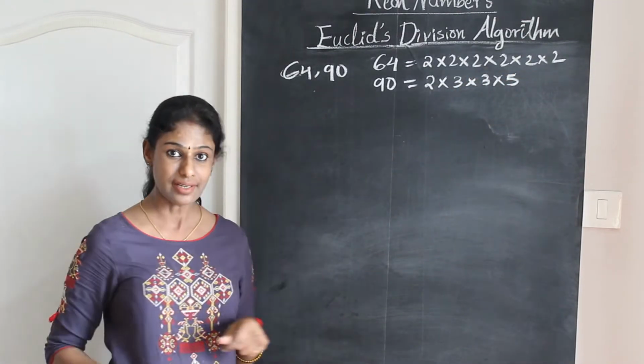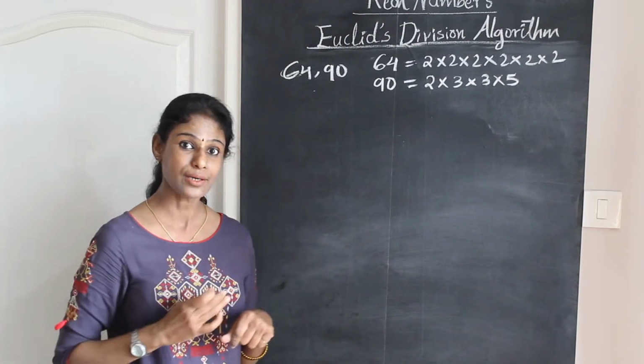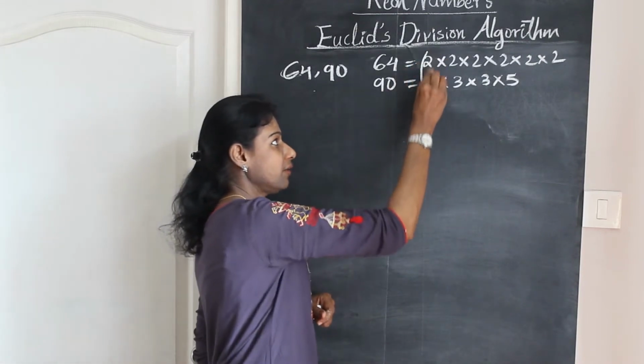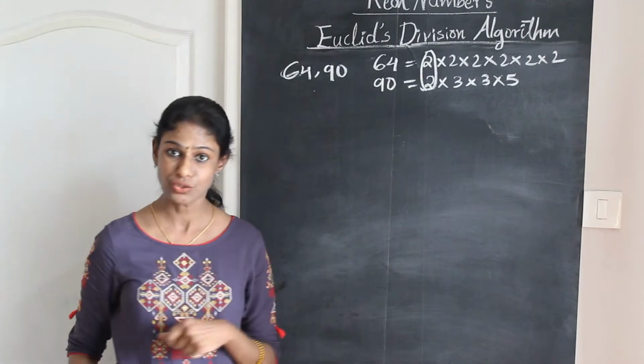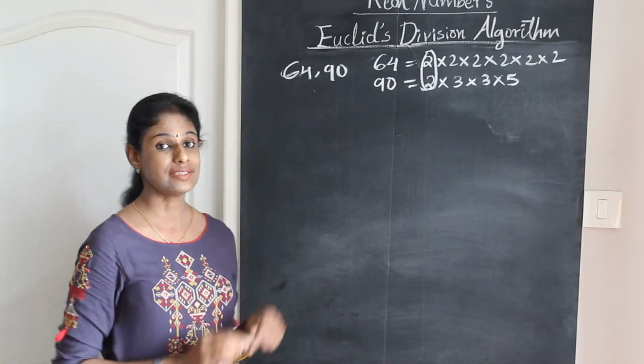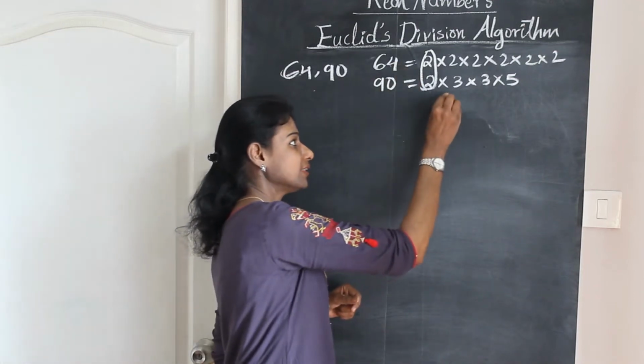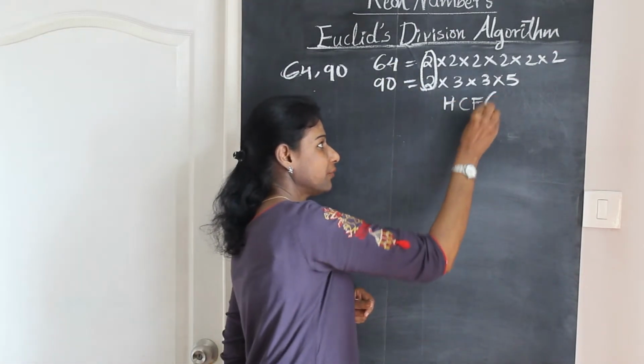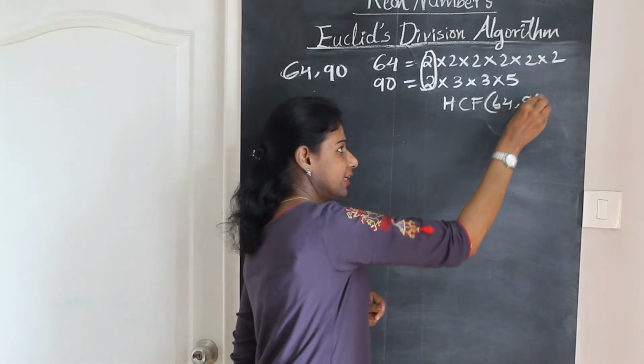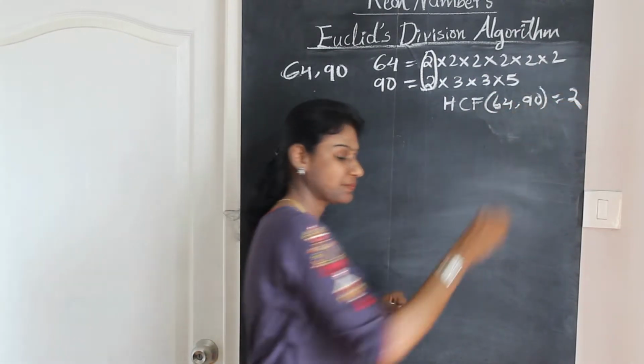So after writing the prime factors, we take the common. So here only one factor is common, which is 2. So that is the HCF of 64 and 90. So we got the HCF of 64 and 90 is equal to 2.